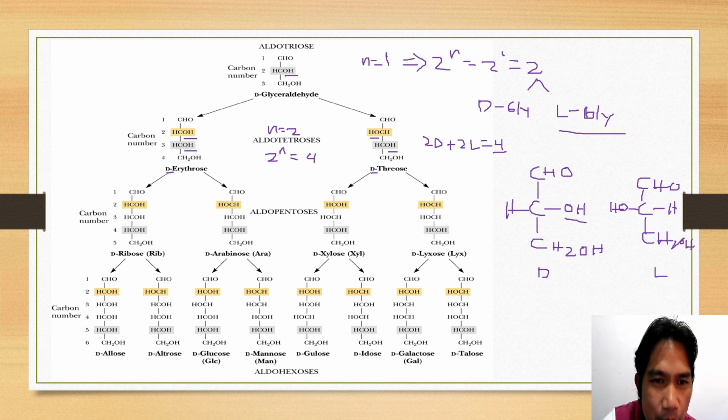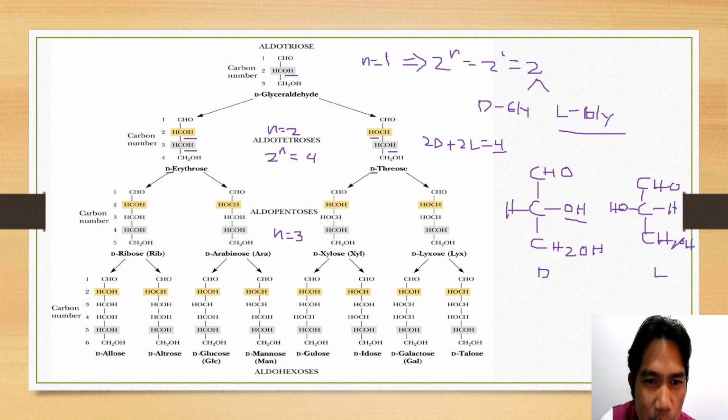Our N now becomes 3. N is equal to 3. So that means in an aldopentose, there are 3 chiral centers.